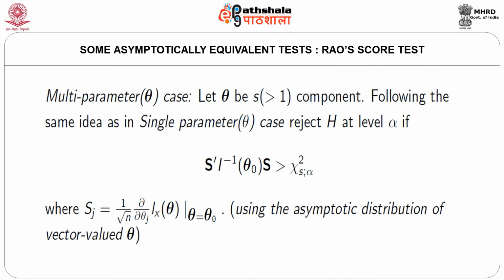Following the same idea as in the single parameter case above, here also we reject the null hypothesis H at level alpha if the quadratic form S(θ₀)' I⁻¹(θ₀) S(θ₀) is greater than chi-square(S, alpha), where chi-square(S, alpha) is already mentioned, and the jth component of the vector S is Sj, which is defined as 1 by root n times ∂/∂θj of l_x(θ) at θ equal to θ₀.